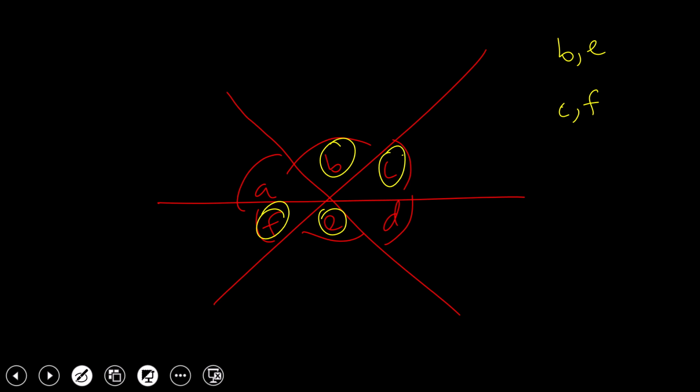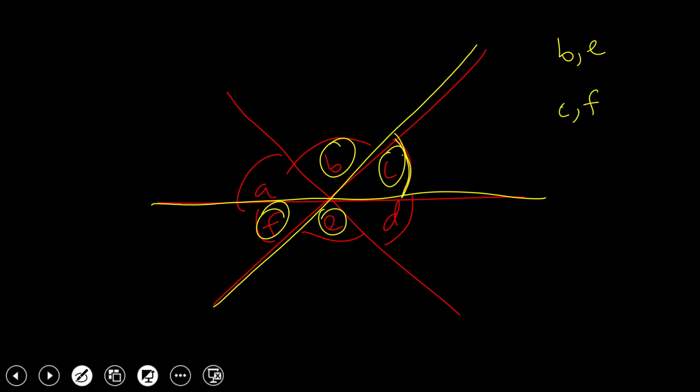If I take this line and this line, you can see that with just these two lines, this angle is opposite to this angle. So C and F are vertically opposite. In the same way, A and D are also vertically opposite.